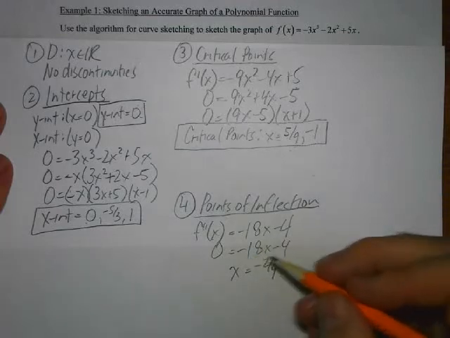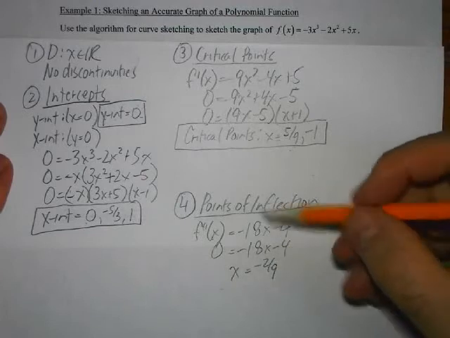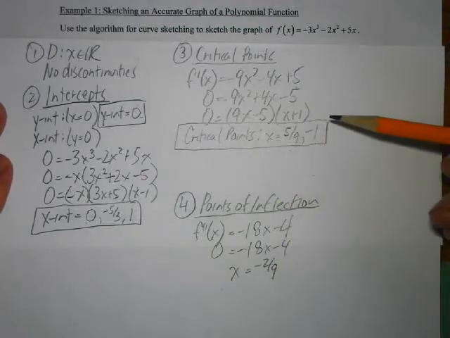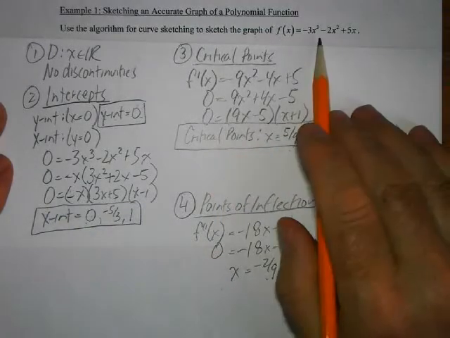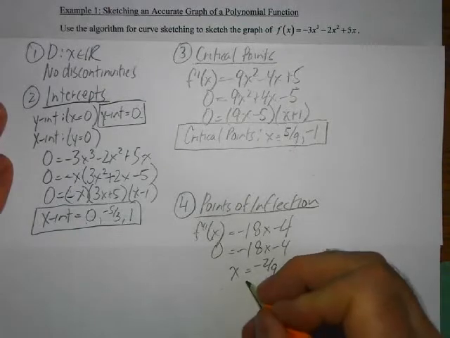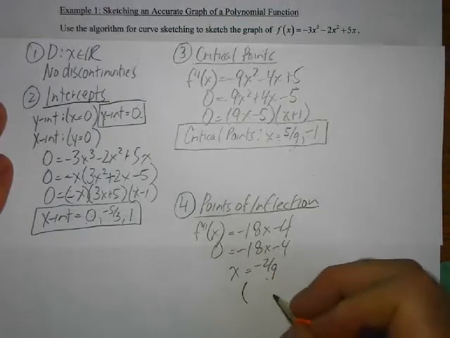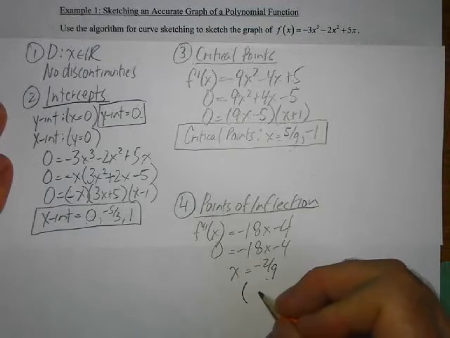Okay. Now what I would like to have, when I have these important points, is the x and the y coordinates. So what we would do here is plug that value, negative 2/9, back into the original equation, the cubic, and find that you have a y value of negative 1.17.